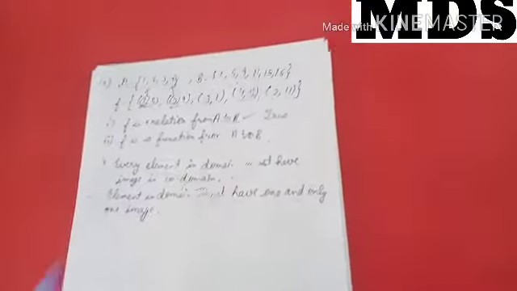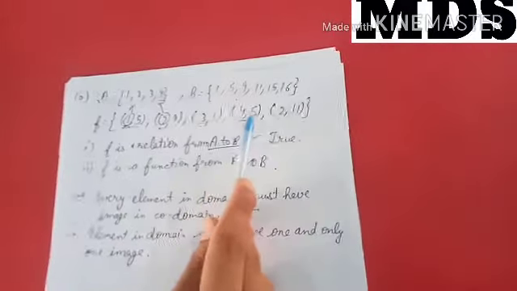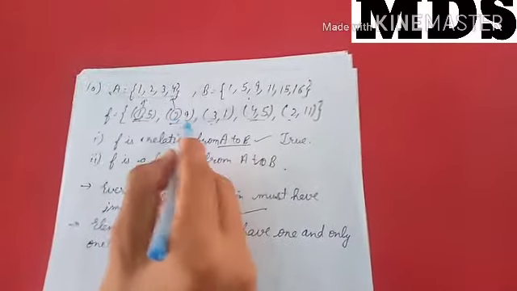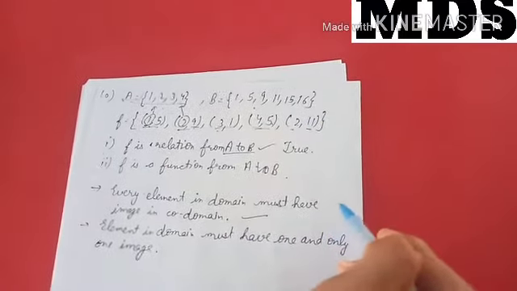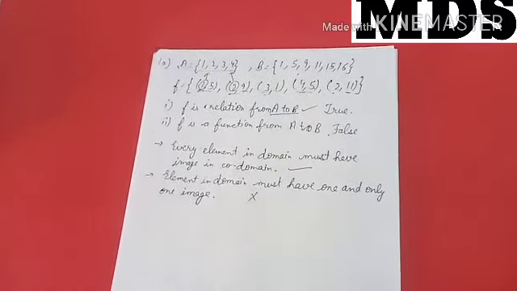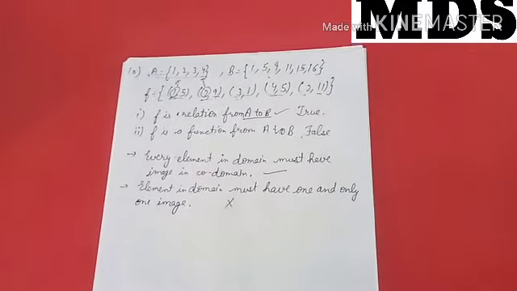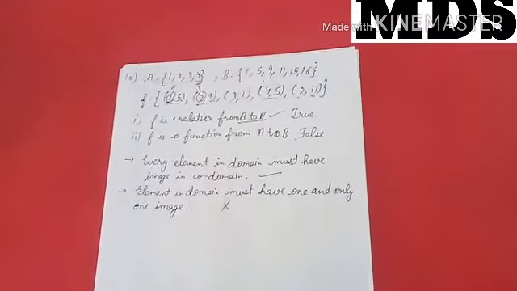We find that 1 has one image, 3 has one image, 4 has one image, but 2 has two images, one is 9 and another is 11. That means the second necessity is not fulfilled, so it is false. The reason we will write is that 2 is one such element in the domain that has two images. That's why this is not a function. Okay, it is a relation but it is not a function.